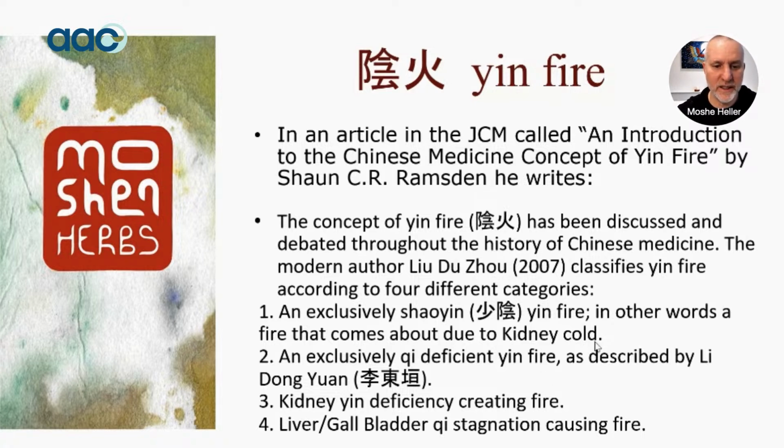So he talks about this yin fire created from kidney cold. So again, we can see this concept of dual pattern, a mixed pattern, cold and heat, or deficiency and what seems like excess.